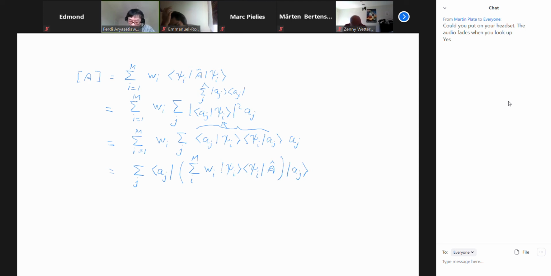So we recall that if I have an operator A, we can always write this as a sum over J of the eigenvalue and the states, like this.